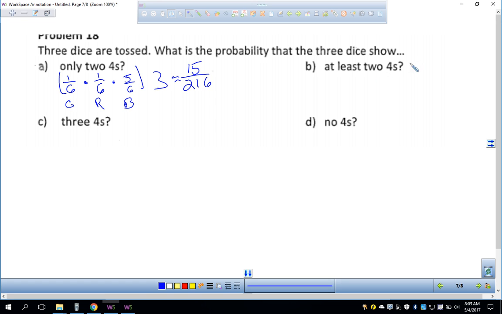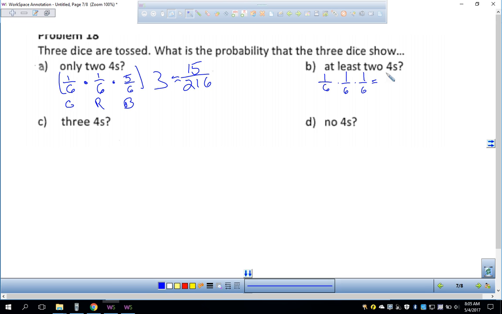At least 2 4s. So if I want to get at least 2 4s, I could also get how many 4s? 3. If I'm rolling 3 dice, what's the probability that I get 3 4s? What's the probability on the first choice? 1 out of 6, 1 out of 6, 1 out of 6.